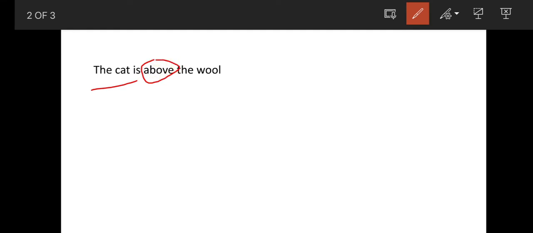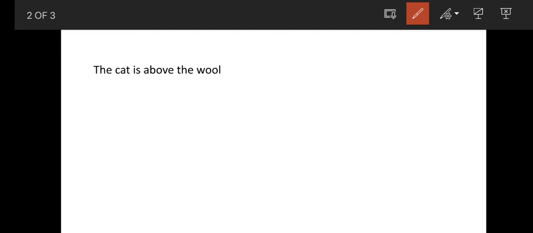This above is the preposition, which acts as a linking word between the cat and the wool. Cat is a noun and wool is also a noun. So the word above is used as a linking word, that is a preposition, between the nouns cat and wool. So this is the definition of preposition.